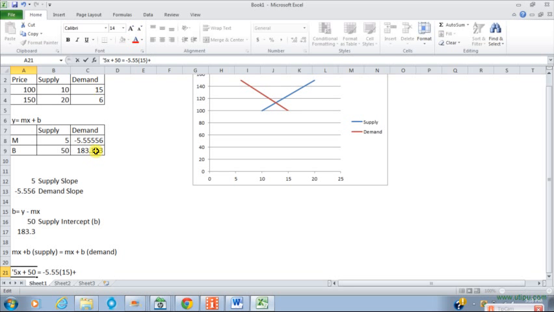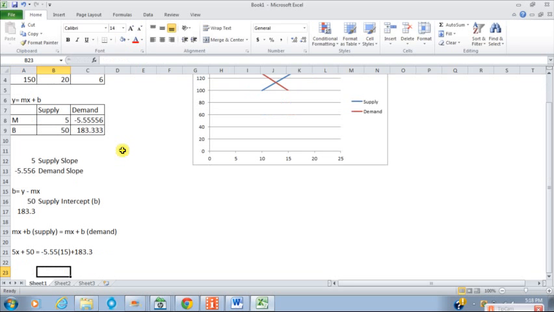We'll go back to it. Our intercept is roughly 183.3. And let's go back here. No, we didn't skip our intercept. Our intercept is 50. Okay, so this is what our formula is going to look like. And I'm sorry, that's not 15. That is x.